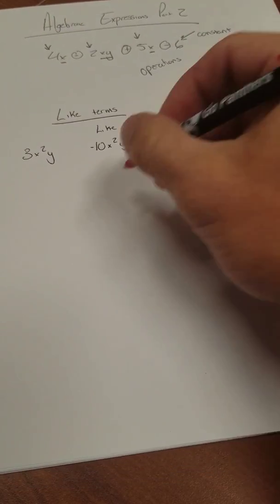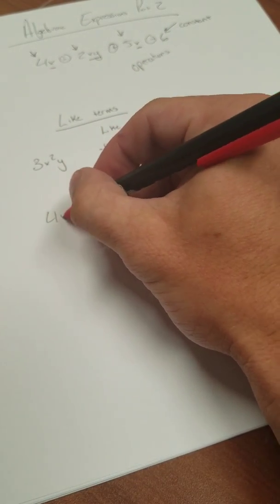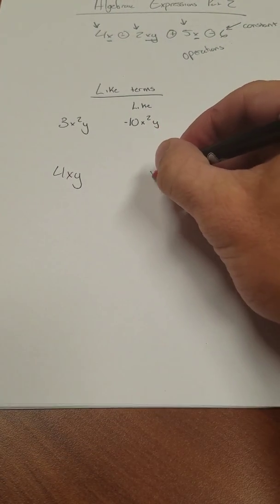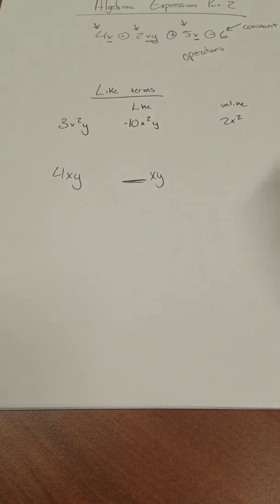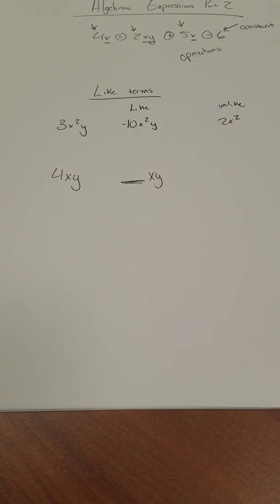Okay? So let's look at another one. Let's just say we had 4xy. So a like term has to have an xy. It really doesn't matter what goes right here. An unlike term is anything that doesn't have that xy. Okay?